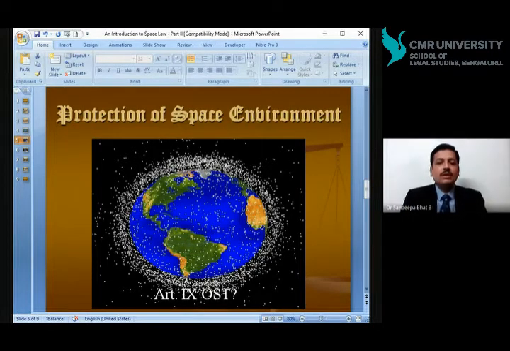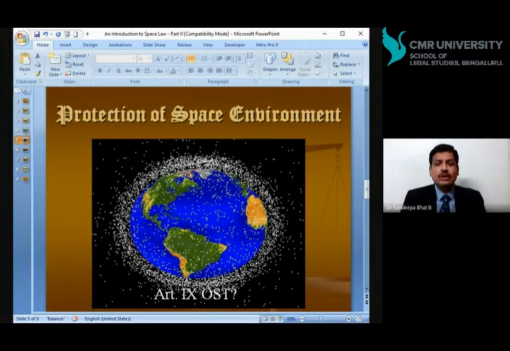If we look into the current scenario regarding the space debris, it is really scary. Most of the satellites have been left out in the outer space after they have become defunct. Some of them have even fragmented. A lot of space debris is revolving around the Earth.